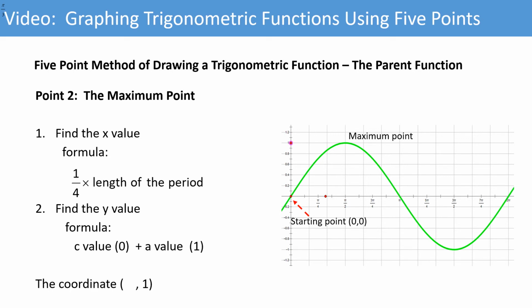So 1/4 of 2 pi is pi over 2, and 0 plus 1 is 1. So the coordinate of the maximum point is pi over 2, 1. Does this match our diagram? Yes, for x we went over pi over 2, and for y we went up 1. Perfect.